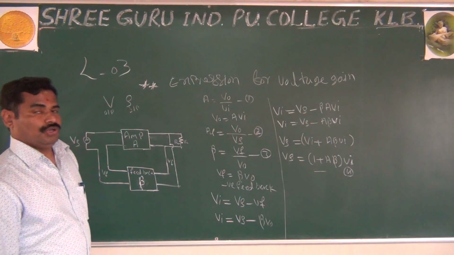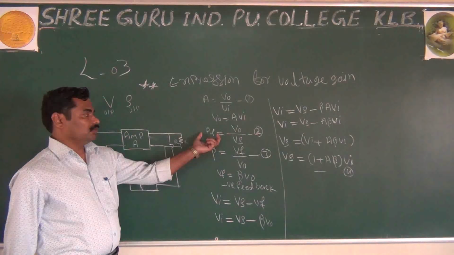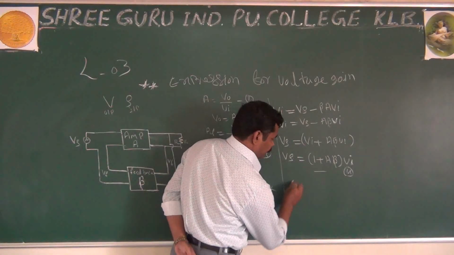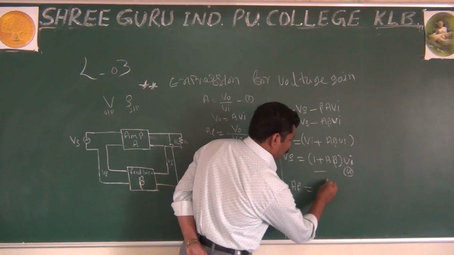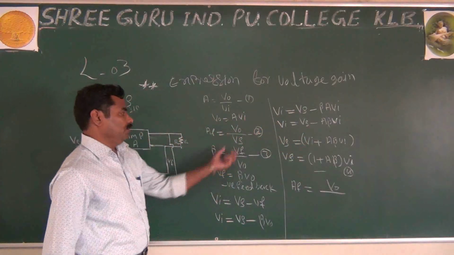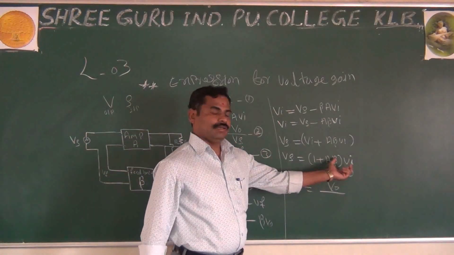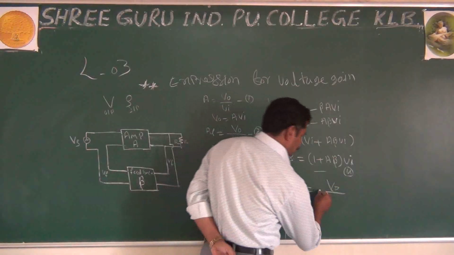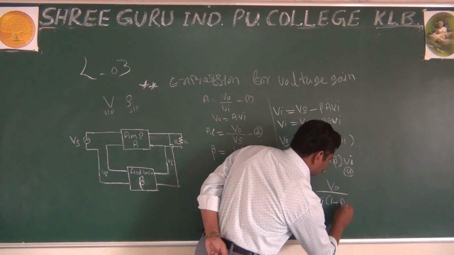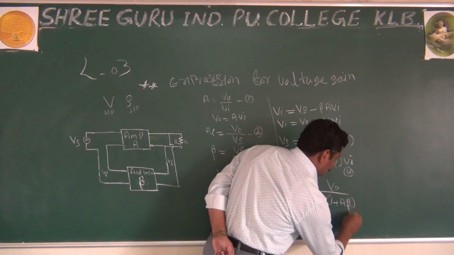We want the voltage gain for the negative feedback. Consider equation number 2. We want AF equal to V naught by Vs. In place of Vs, you can write Vi into 1 plus A beta. Right? 1 plus A beta.